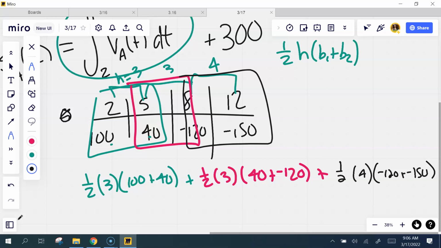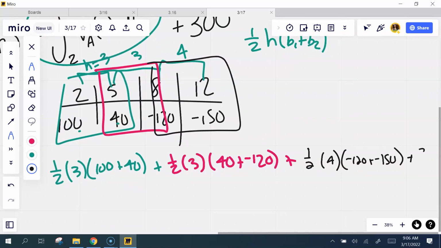You could, but I think you need it for part D. And then remember you've got that plus 300, which is from 0 to 2. Just for the sake of time, if you do all this, you end up getting negative 150. This is just meters, because it's position.